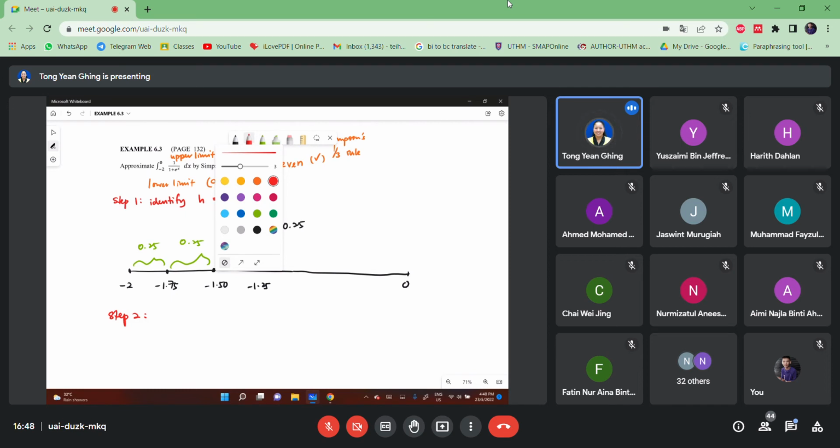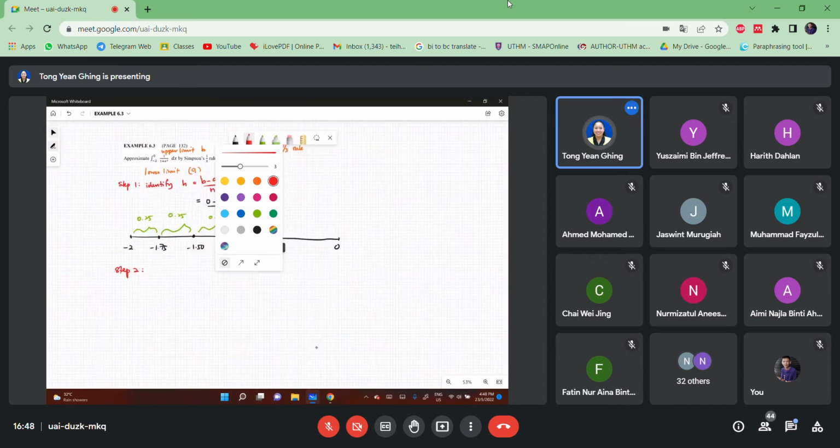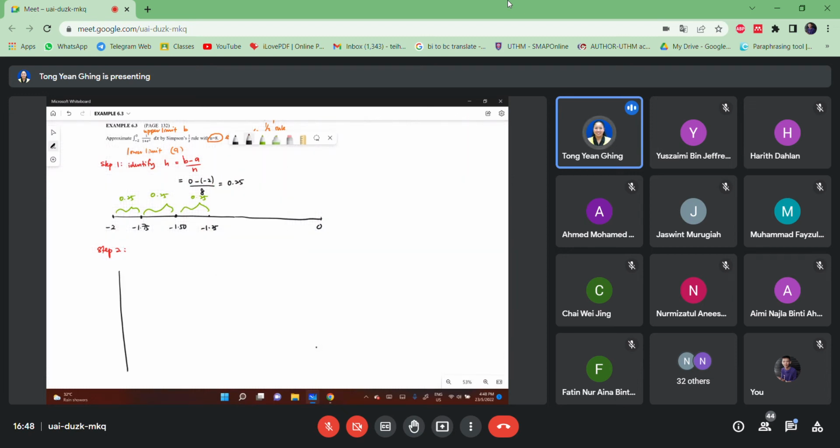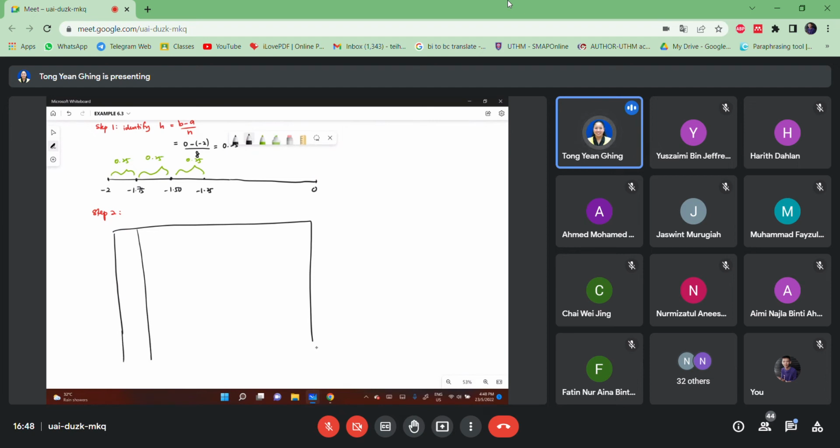Okay, this is step 2. We have to draw the table like this. Start with i. There is no problem if you use an old calculator; even using any calculator is okay. Here I will put fx, and then I split into f naught, f odd, and f even.